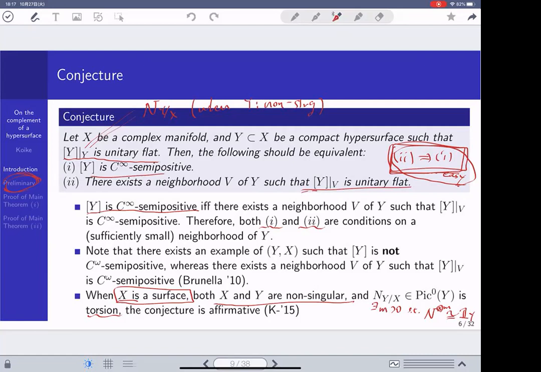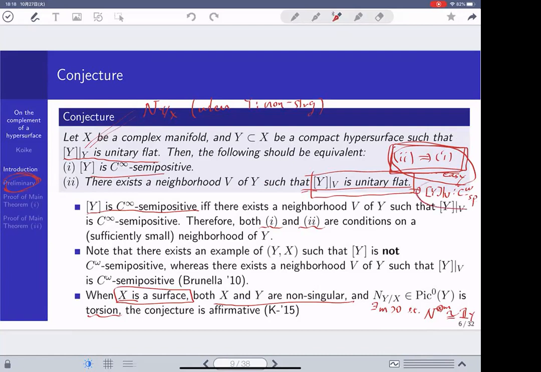Actually, if Y restricted to V is unitary flat, then clearly it is C omega semi-positive. Because a unitary flat metric is an analytic Hermitian metric with semi-positive curvature.